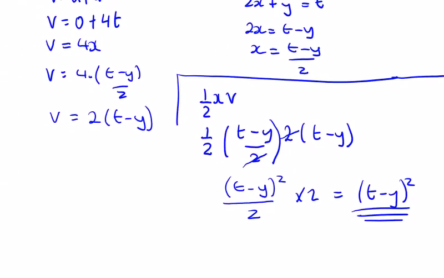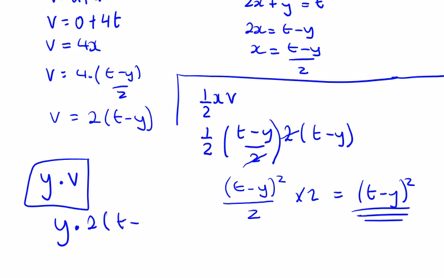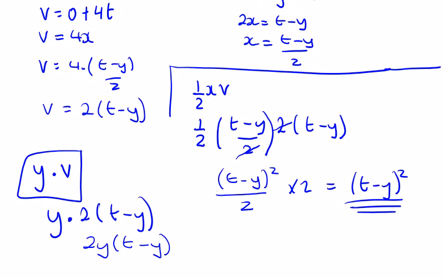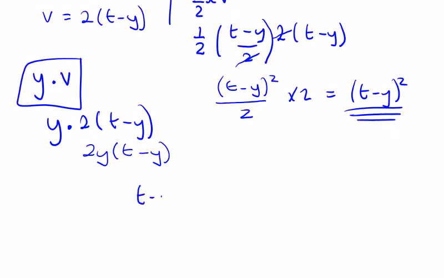Now we have y, the middle one, is y times v. So y times 2 times t minus y just gives me 2y by t minus y. So these added together are going to give me my distance. So I can say that t minus y squared plus 2y by t minus y is equal to my distance.